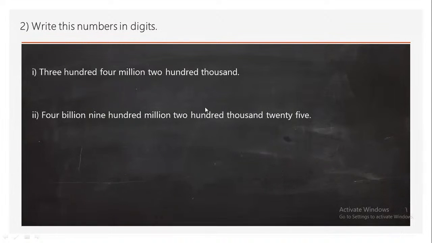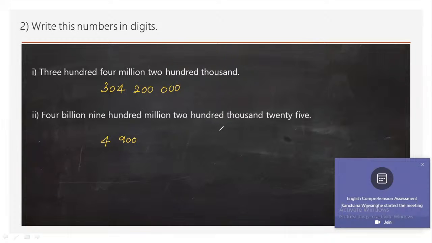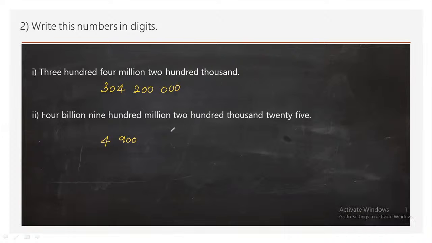Second question, 4,900,200,025. You have to write in digits. 4 billion, so 4 is in the billions place. 900 million, 9 in the hundred millions place. 200,000, then the 200,000 place you can see here. 25.